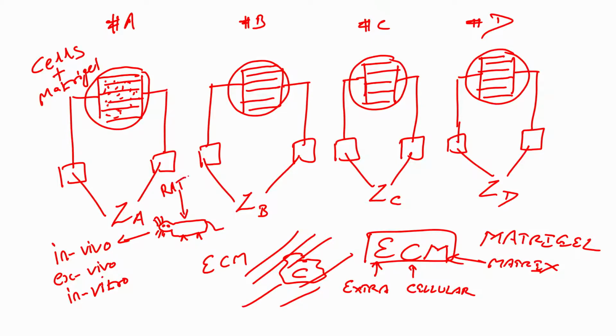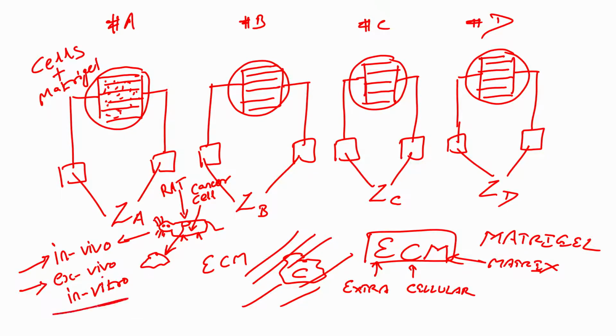But assume that this is a rat. Now, if I do experiments in the rat, if I load cancer cells in the rat's body, and I study what is going on within the body, it is an in vivo study. If there is a tumor here and I take out this tumor from the rat, it is an ex vivo study.